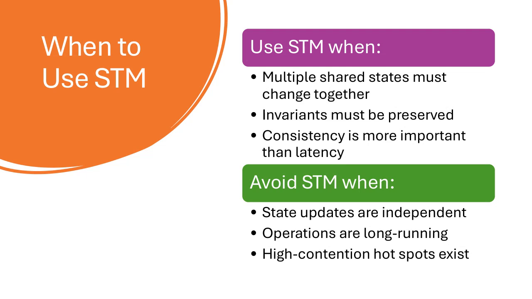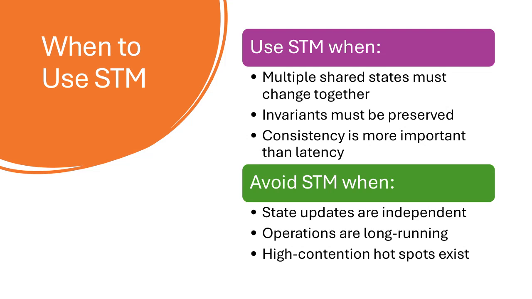STM is best used when you need to update multiple shared states at the same time, especially if you have invariants that must always be preserved to maintain correctness. It's also the right choice when consistency is more important than minimizing latency, as STM ensures all changes commit together atomically. On the other hand, you should avoid STM if the state updates are independent and don't need to be coordinated.